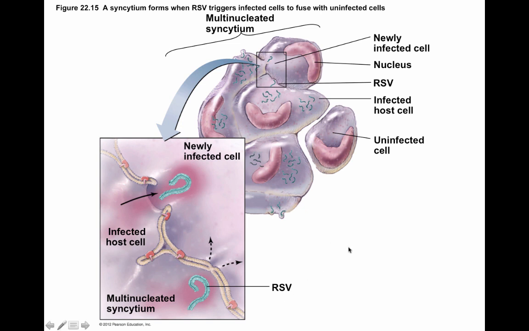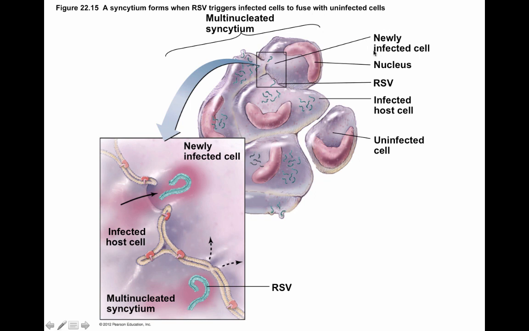And then what can happen is the virus will spread through the cells in the cytoplasm. It doesn't actually have to leave a cell, bind to a receptor, and enter a new cell, so to speak, okay? The first time it infects the cells, it does. The first time the virus would infect the first cell, it would bind with its receptors to the cell, then it would enter the cell and begin replication.